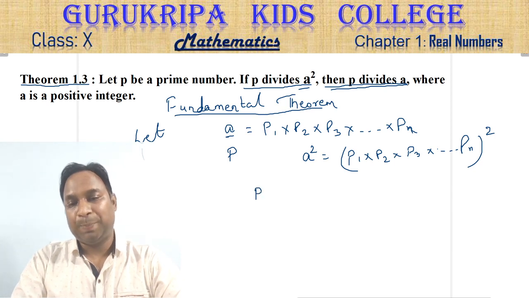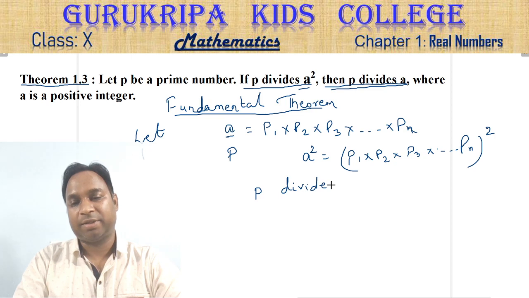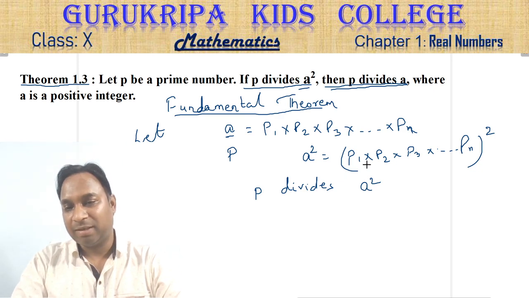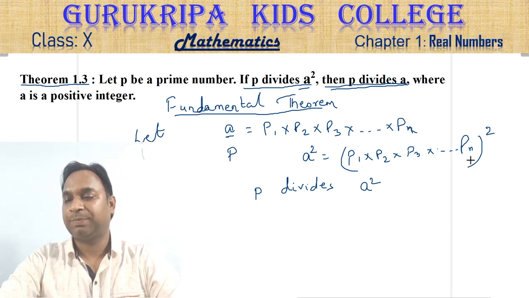So now P divides A square, that is given in the theorem. P divides A square. That means P has to divide any of these prime numbers. In fact, P has to be any one of these prime numbers.